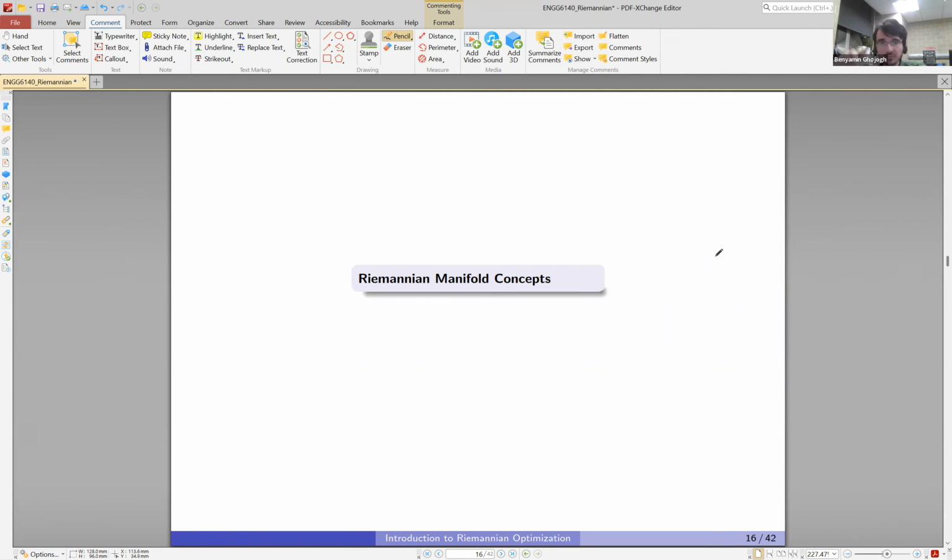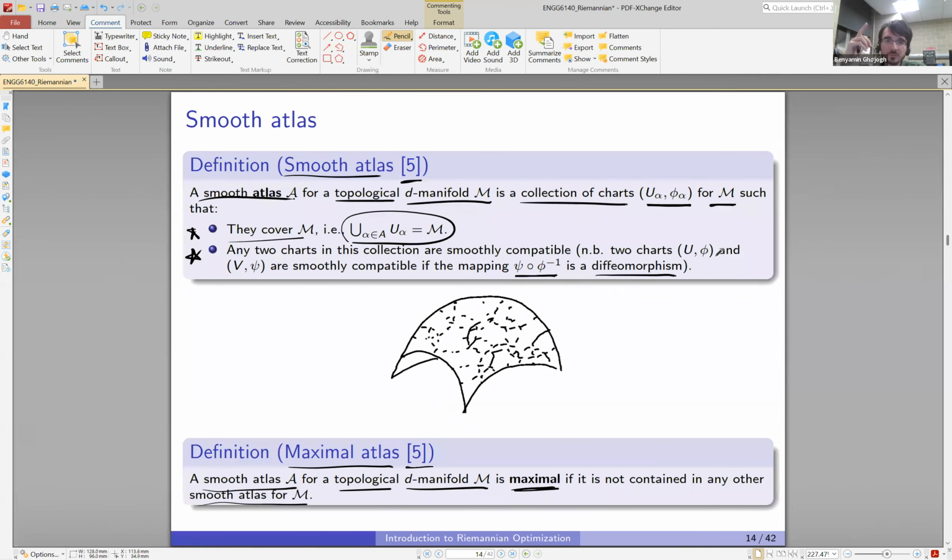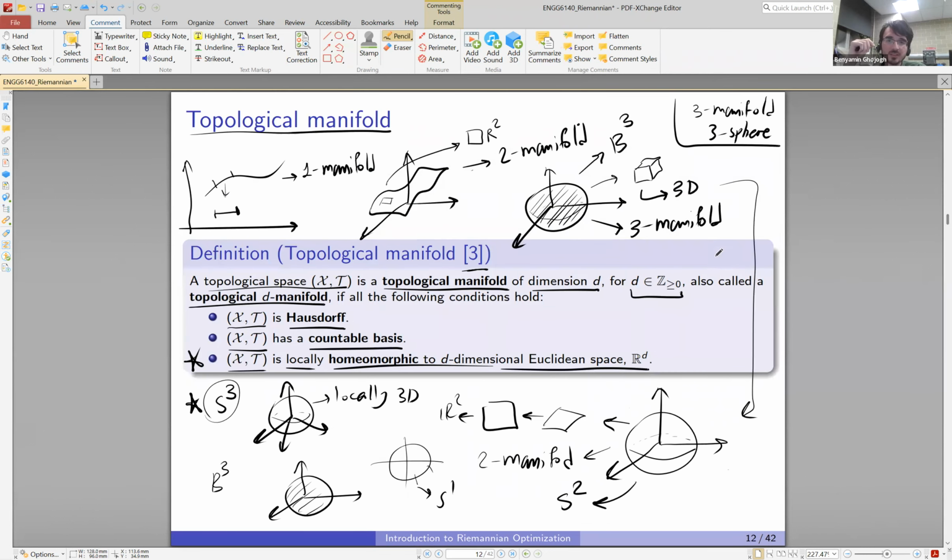Riemannian manifold constants. Before saying that, I want to mention one thing which is interesting in topological manifolds. There was a conjecture, the Poincare conjecture, in algebraic topology and differential geometry.